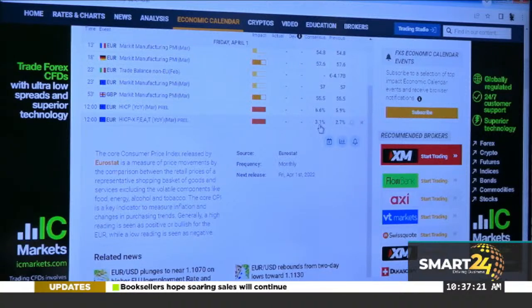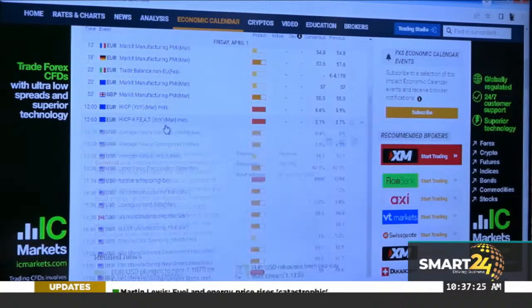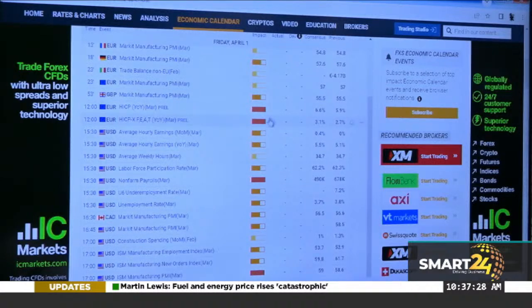So this one here is positive for the euro, and these two events at midday have very, very high impact. So your day can start there, with some nice movement. It could push the Euro USD up because they are both positive figures for the Euro USD and the US dollar. Their trading session wouldn't have really opened by then.